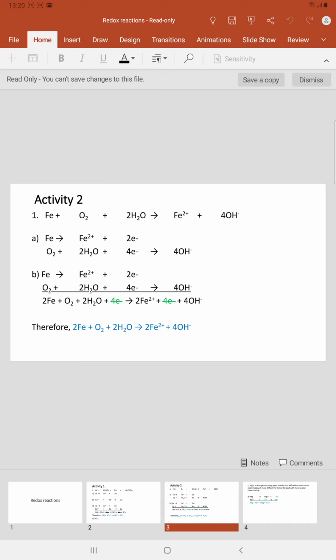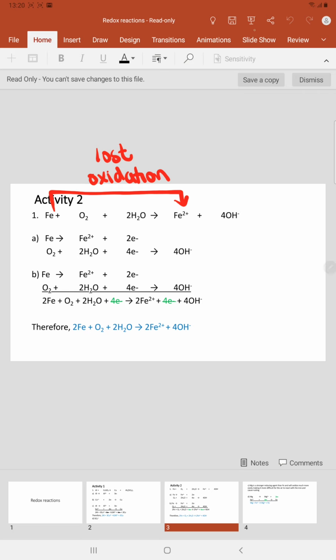The question already tells us that we are looking at Fe and that it is oxidized to Fe2+, so it's going through oxidation, and we know that during oxidation electrons are lost. Then we also know that the Fe is reacting with air and water, and air is oxygen and water is H2O.